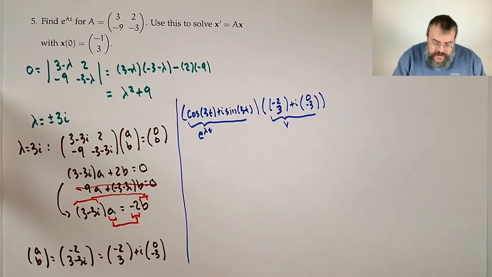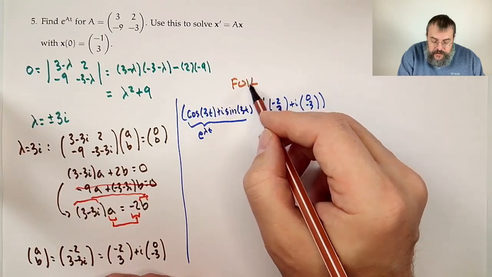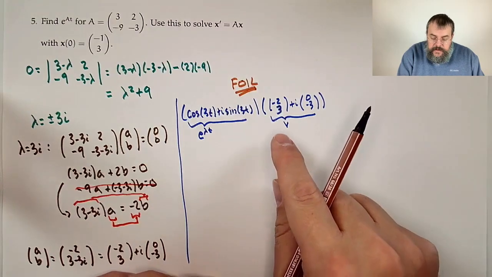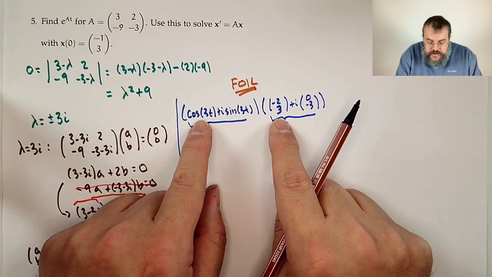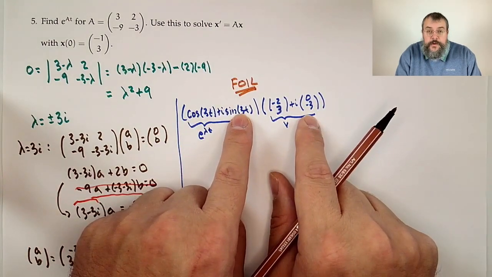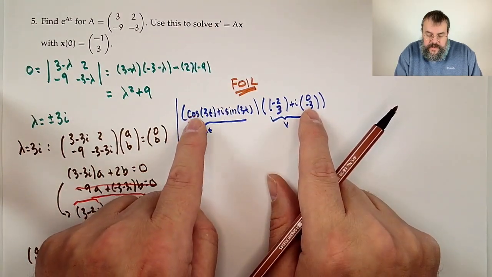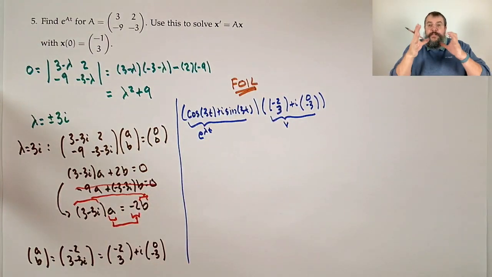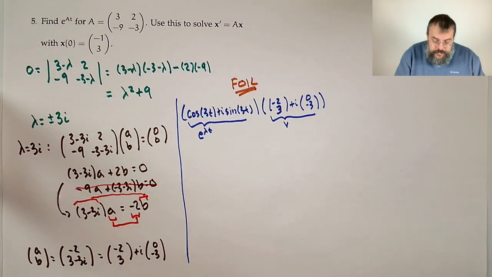When we talk about multiplying out, we're really doing a FOIL, which stands for first, outer, inner, last. But the key is, if you look at the first terms and the last terms, those will become pure real, in other words, there's no i. Whereas if you look at the outer and the inner, those will become pure imaginary. They have i. And so you split it into things which don't have i and things which do have i, and each of those is a solution.